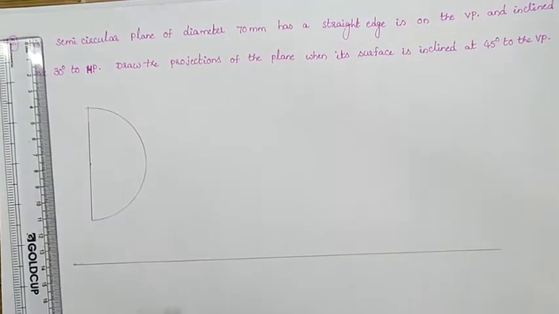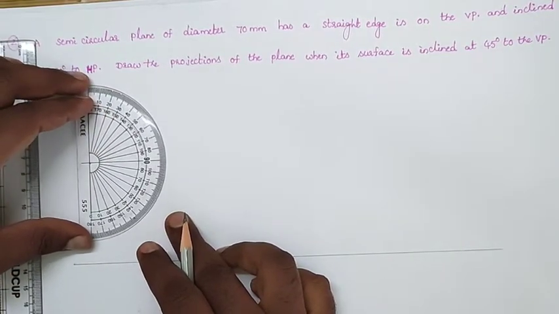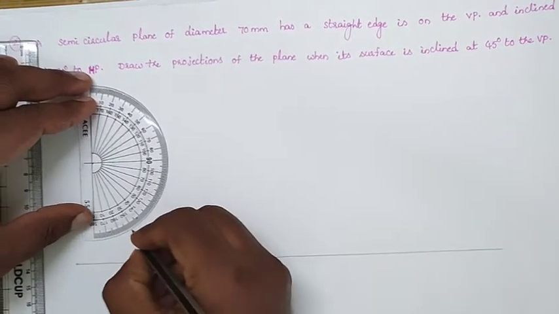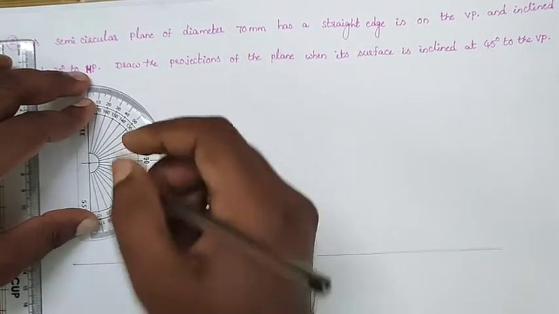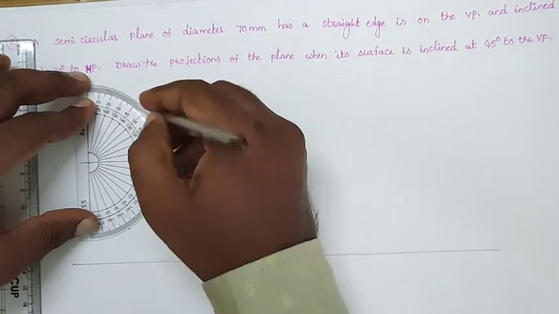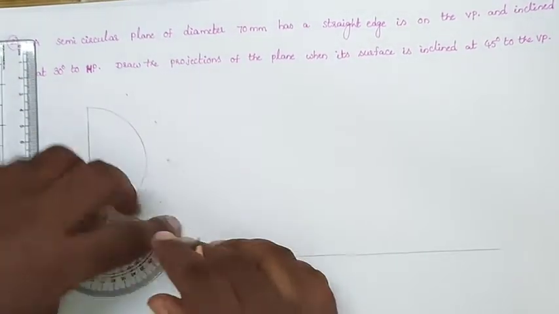After drawing the semicircle, you can divide it. The total angle in the semicircle is 180 degrees, so you can divide this semicircle into 6 parts by taking each angle as 30 degrees.